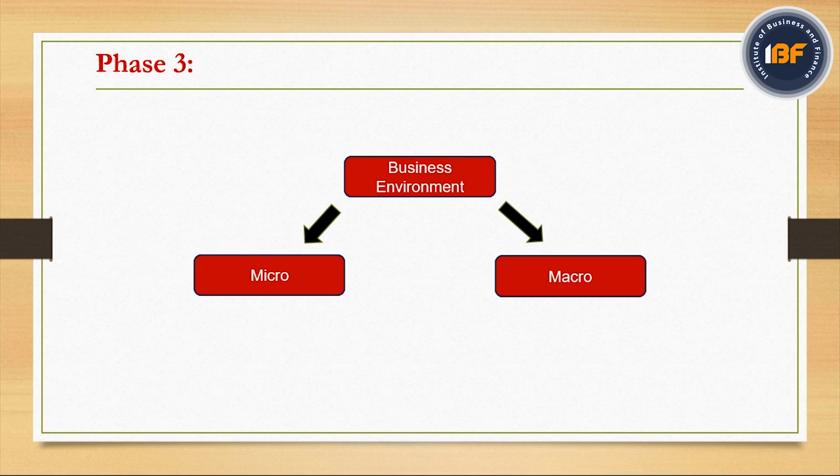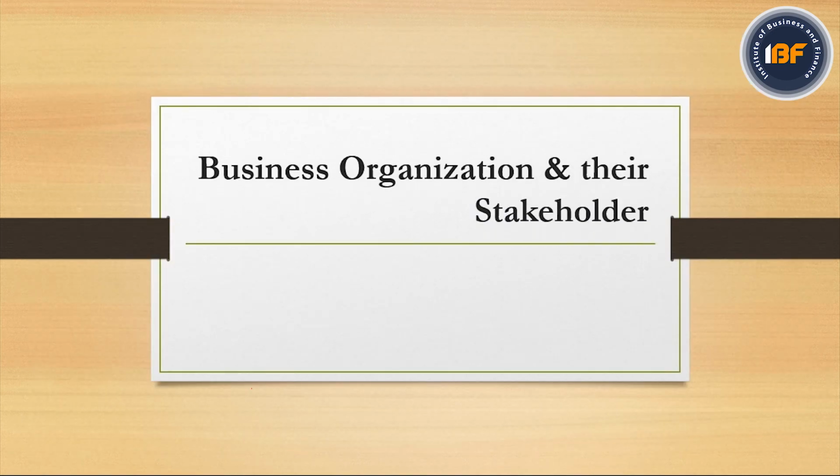So let's move towards our first phase, in which we will learn about the business organization and their stakeholders. So first, let me tell you what we mean by an organization.